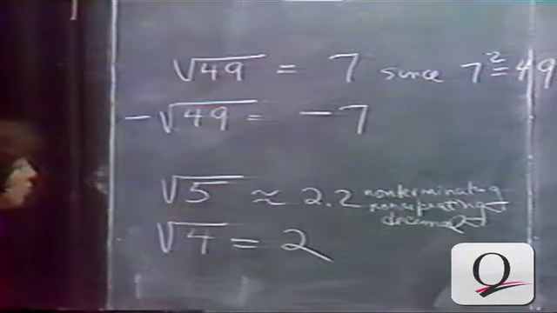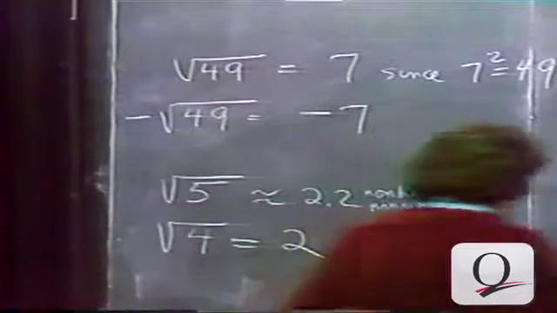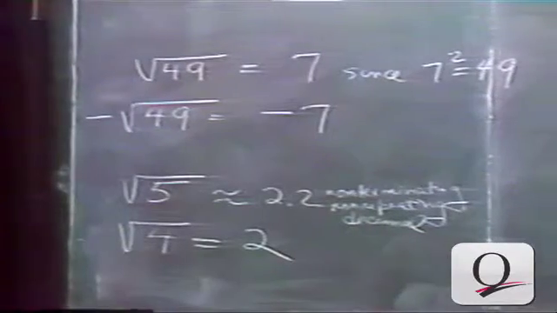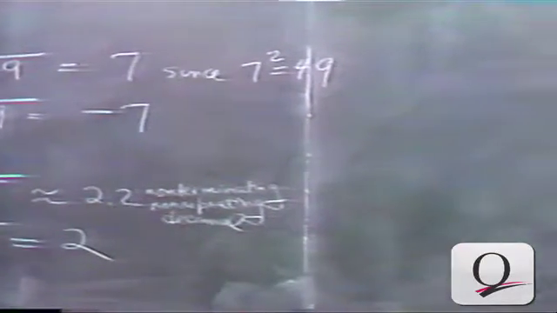Now, 2 rules that are very important for working with square roots. And these are really theorems. I'm not going to prove them, but I will verify them at least for some examples. Okay, 2 rules which will enable us to work with square roots and to simplify them.